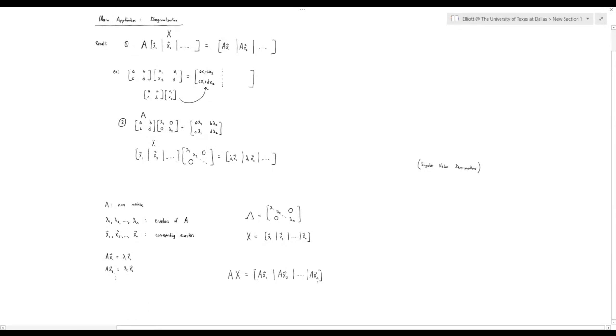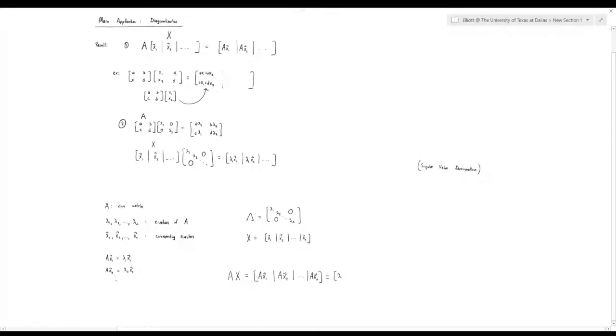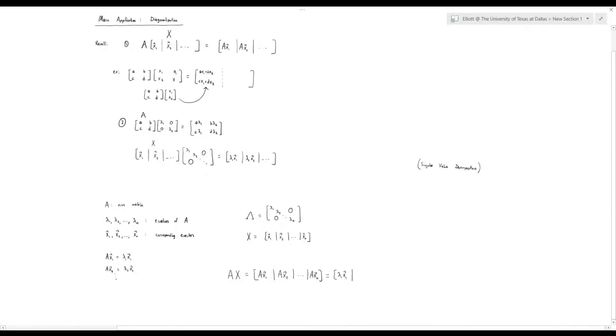However, since these are specifically eigenvectors of A with corresponding eigenvalues lambda 1, lambda 2, we can rewrite Ax1 as equal to lambda 1 x1, and likewise Ax2 equal to lambda 2 x2, and so forth.